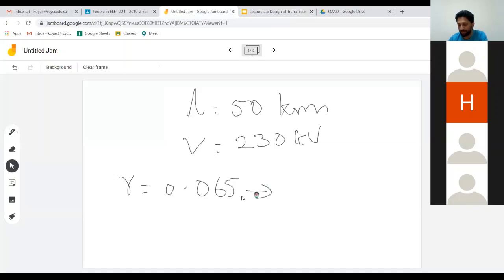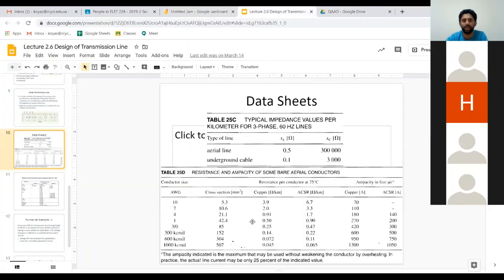So what will be capital R? What will be the resistance? 0.065 multiply with 50 kilometer. 0.065, which you see here, is for per kilometer.